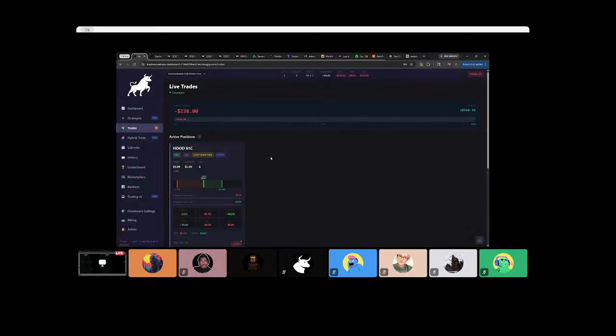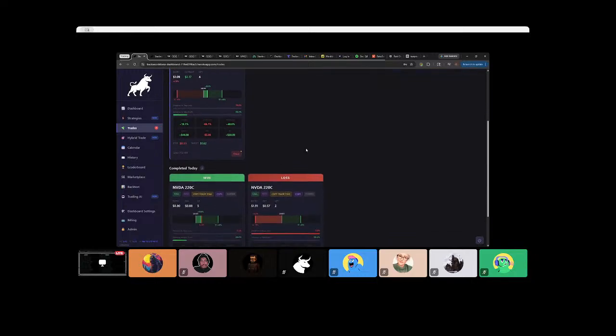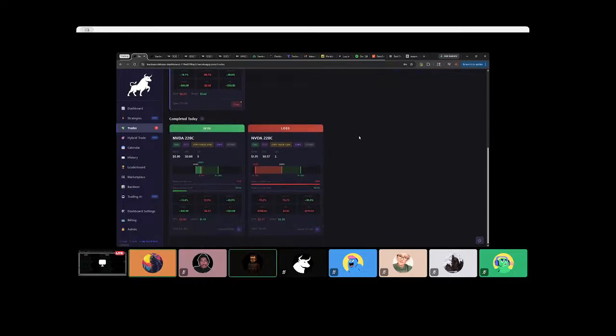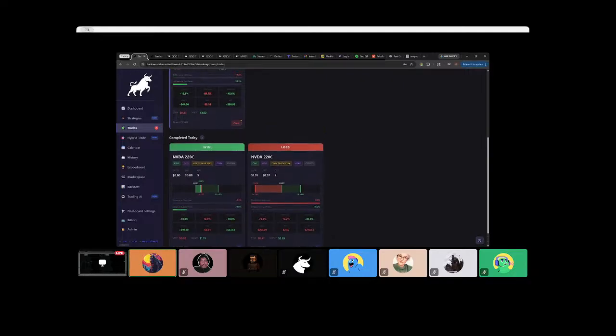Actually, it looks like you put a stop loss at 12% on Nvidia. At least that popped up on mine. Okay, my stop loss didn't trigger. It's weird. It was above it and went below it a couple times. Still in the Nvidia call, the 220 call, that second one?